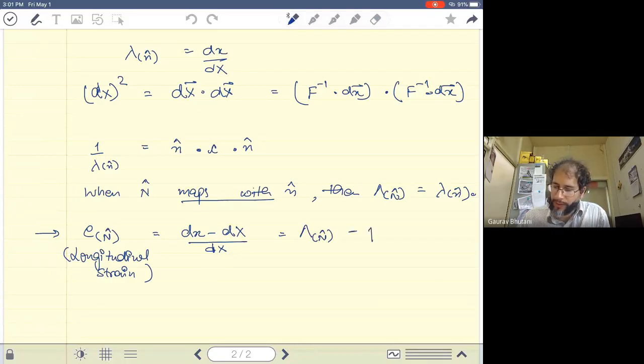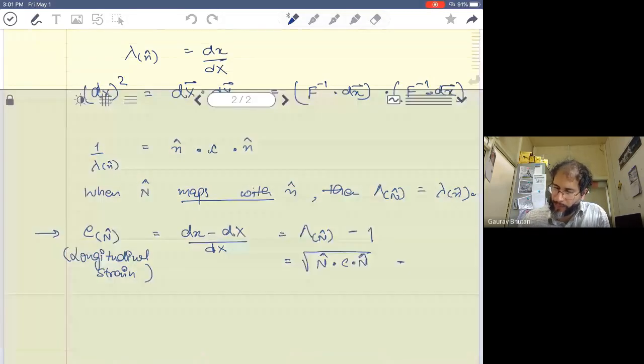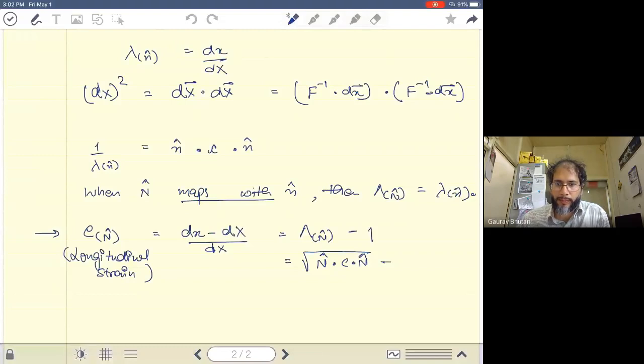And we already have written the square of the stretch ratio, square of capital lambda, as N C N. So this becomes equal to square root of N C N minus 1. So we have seen that we can link the longitudinal strain to stretch ratio using this expression.